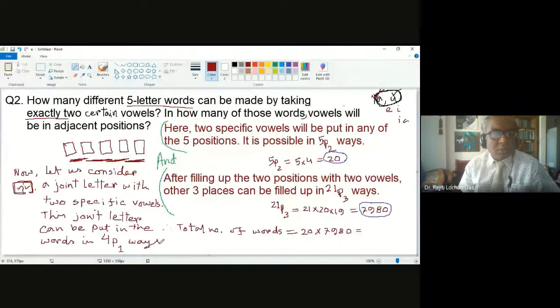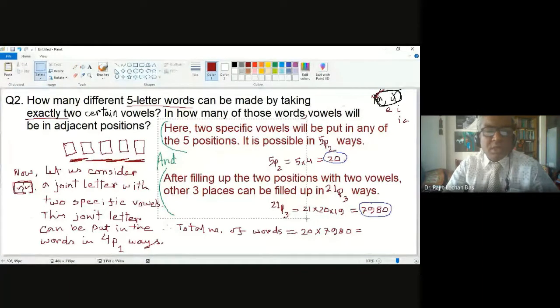So now you calculate what is 4P1. So this is the first part of the thinking.